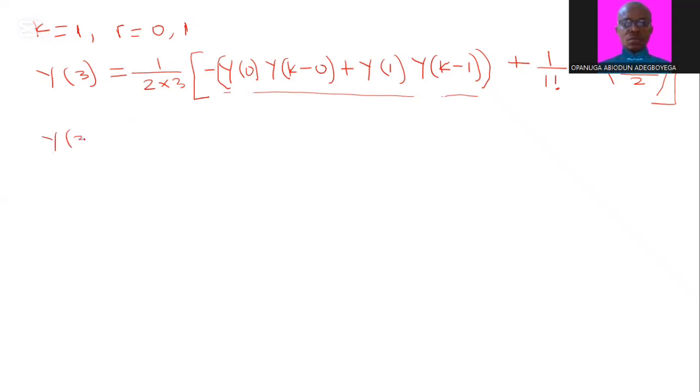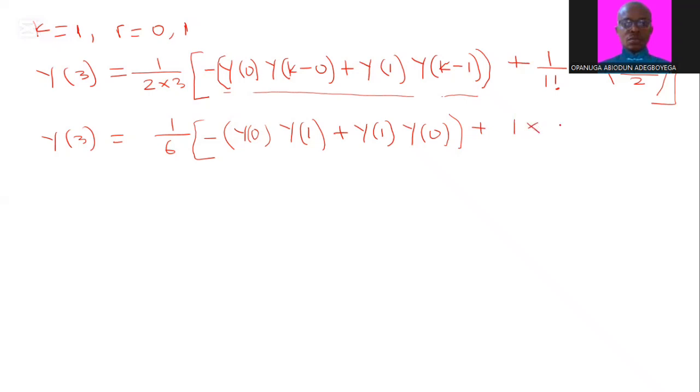So that means I have y of 3 equals 1 over 6 into negative y of 0, y of, so k is 1, that will be y of 1 plus y of 1 times y of 0, because that would be 1 minus 1, bracket closed, plus this is 1 times sine pi over 2.